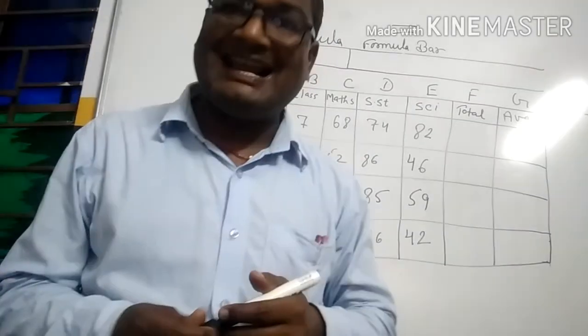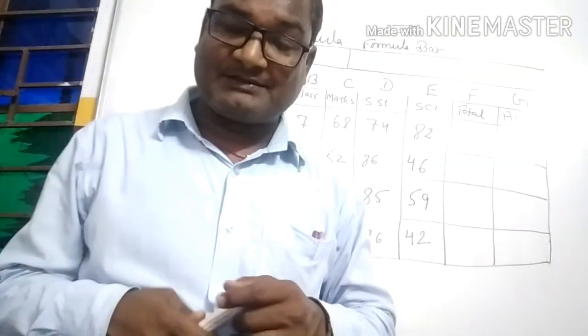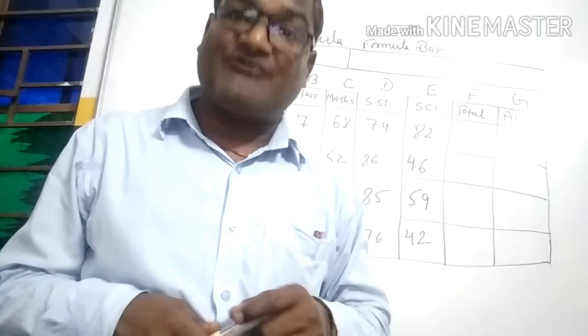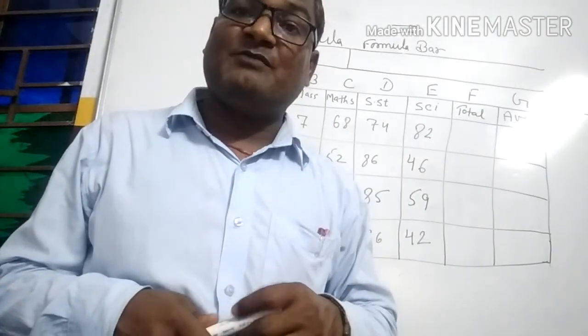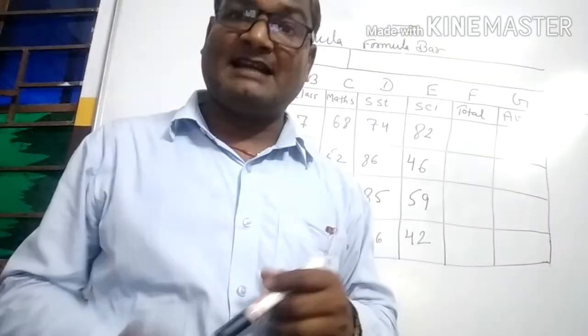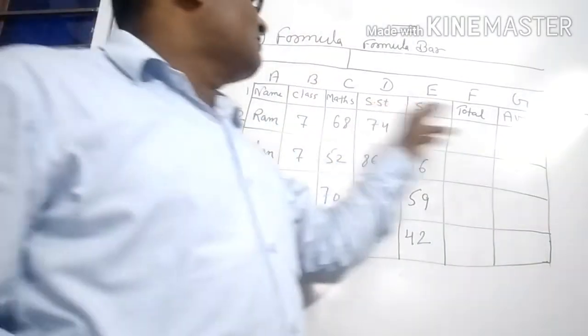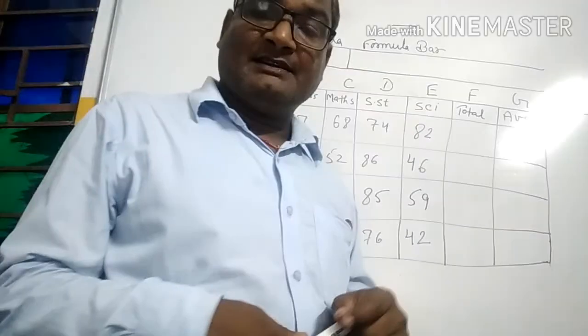Here we write by the help of cell address. You better know how we find the cell address: the combination of row and column name. So I want the total of the marks maths, SST and science.